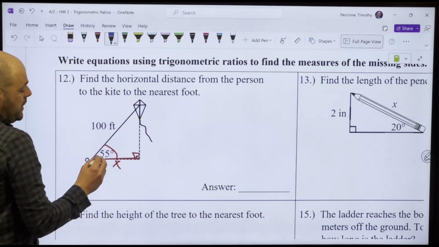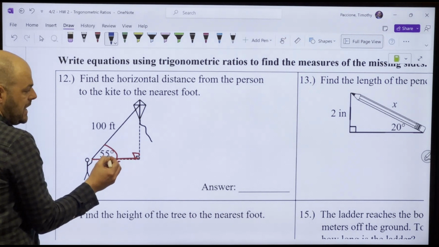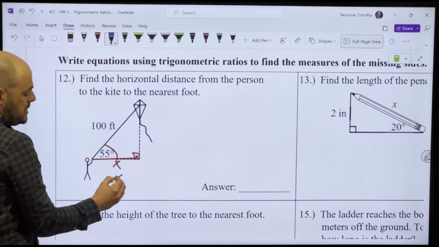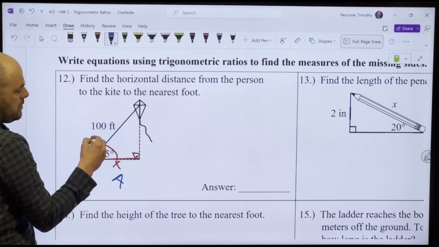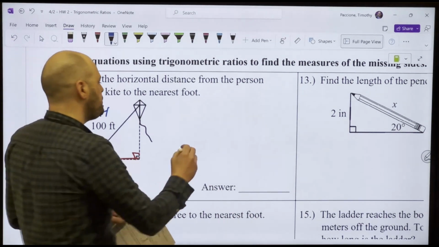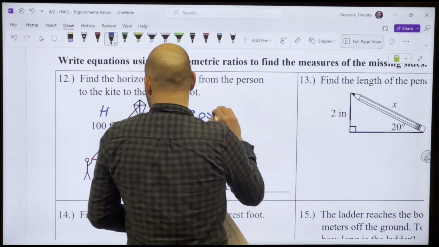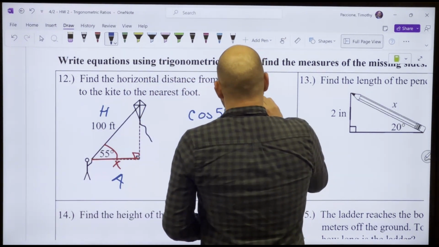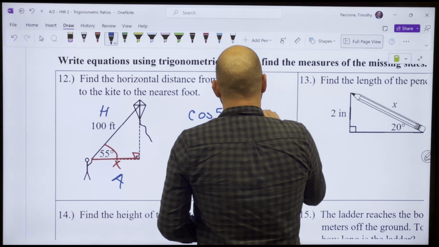We would label everything. This is our angle. So what is this x compared to it? Adjacent. And what is this 100? The hypotenuse. So I'm dealing with a and h, therefore I'm dealing with cosine. So the cosine of 55 equals x divided by 100.